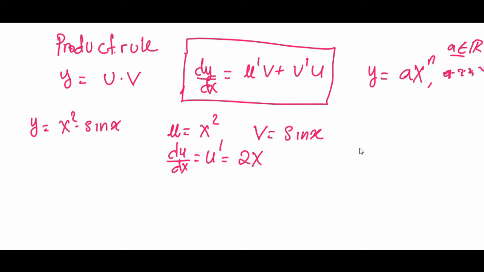When I have such things, my dy by dx will be equal to n times a x to the n minus 1. So this is the formula I have applied here to obtain 2x.